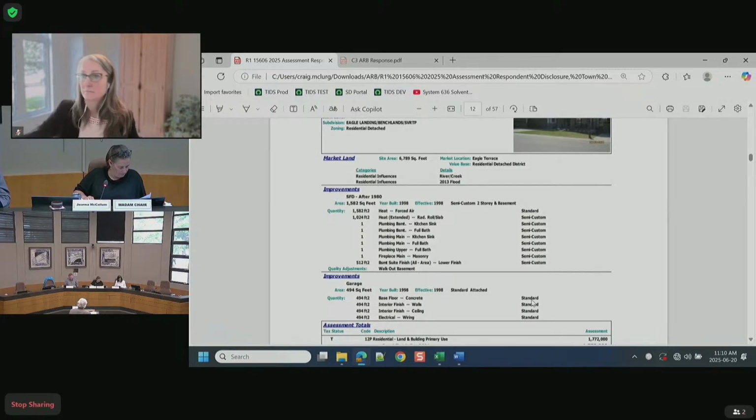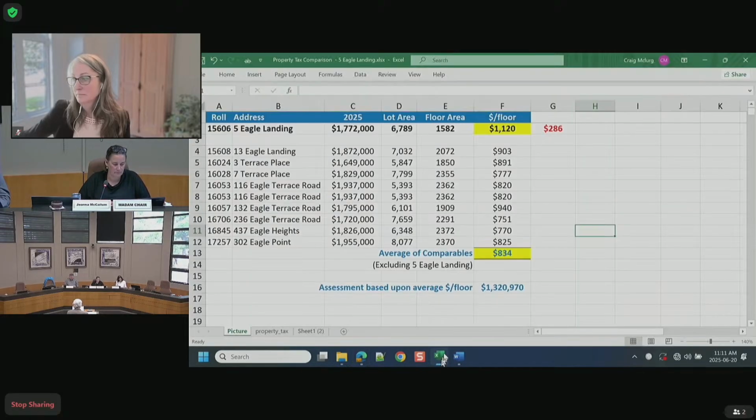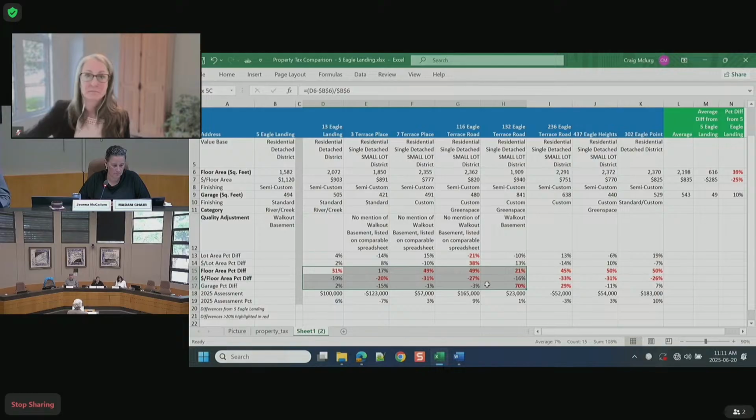Sadly, I was expecting to get that information. I guess I would like the board to take that into account and to reduce the assessed value for 5 Eagle Landing, because it's obviously an outlier and no one has been able to present any information otherwise, given that it has by far the lowest dollars per square foot.